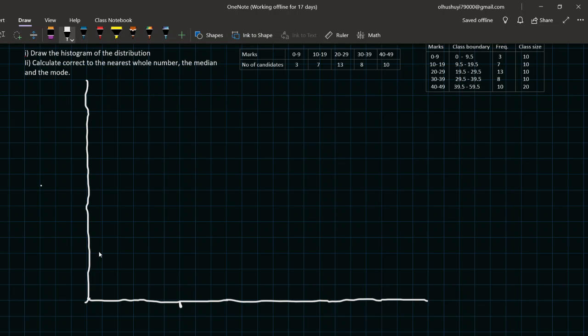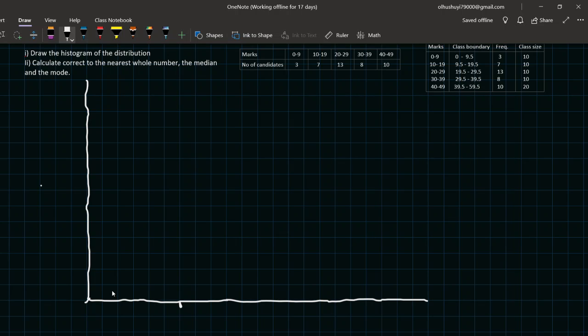So here now, for the first information, the first bar, 0 to 9. Now for my frequency, which is supposed to be on the y-axis, let me take each of these boxes to be 2.5 centimeter.